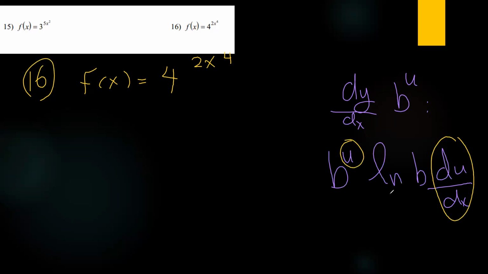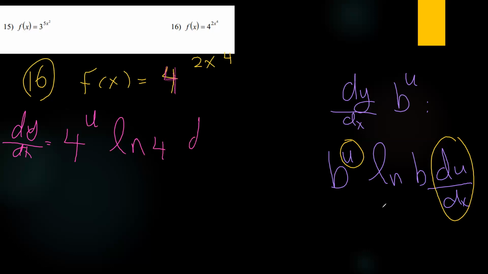And b, you have it. Where is b? b is 4, bravo. So now let's find the derivative. It is 4 to the power u times ln 4 times du over dx.